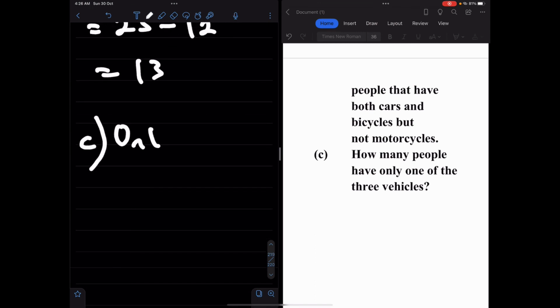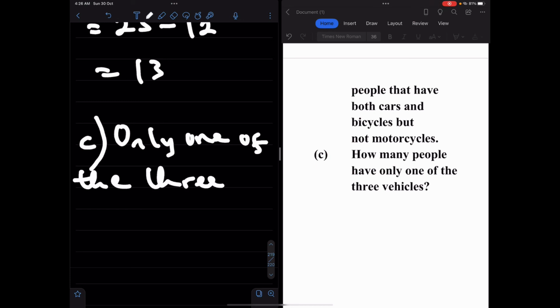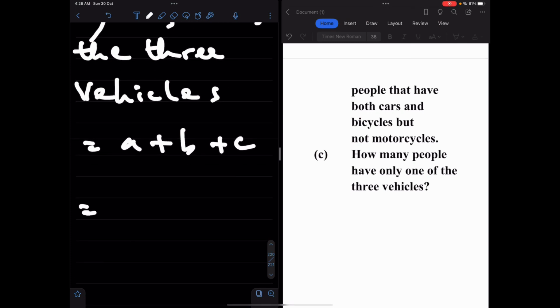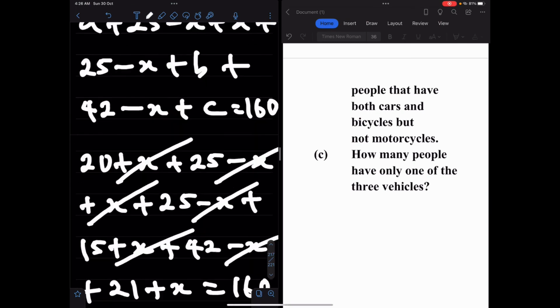So only one, I'm writing only one to mean the number of people who have only one of the three vehicles, equals A plus B plus C. And that's what A is.